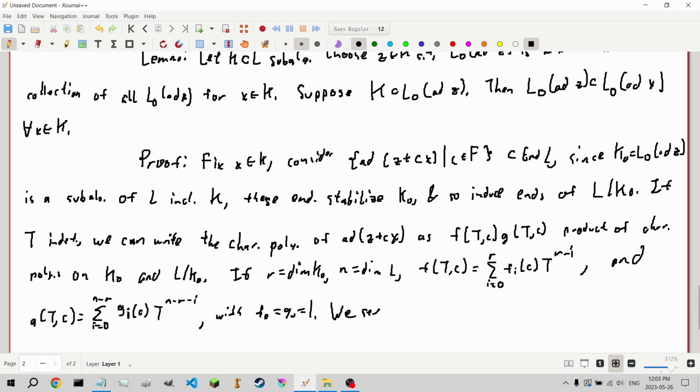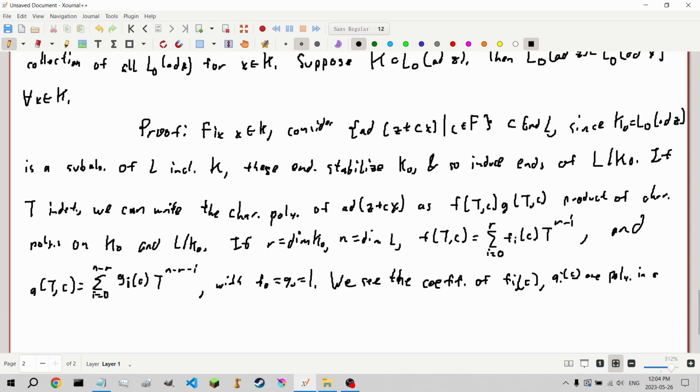And we can see the coefficients of each f_i of C and g_i of C all are polynomials in C of degree less than or equal to i.